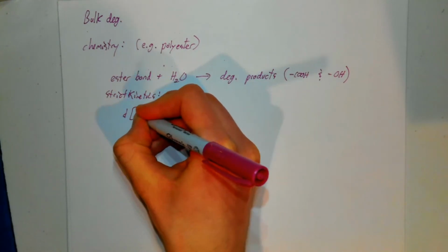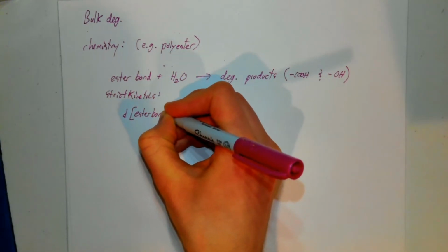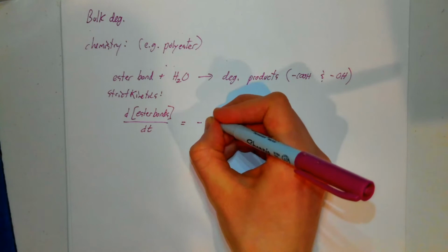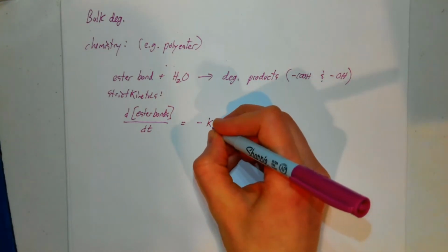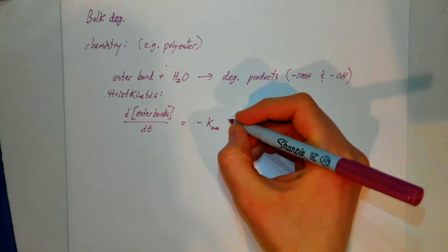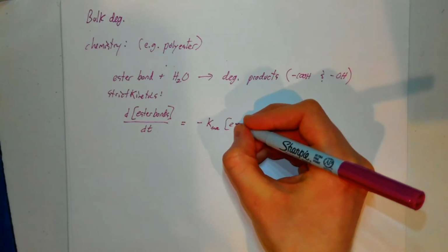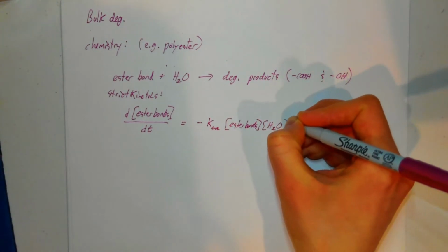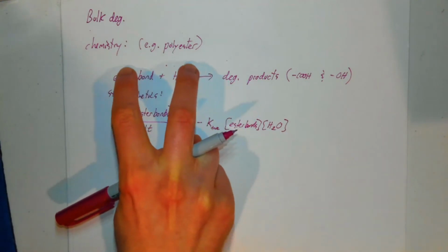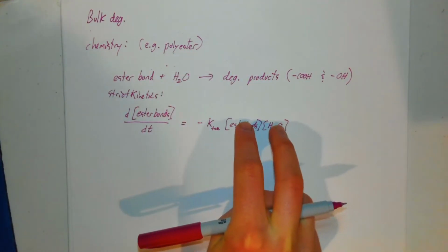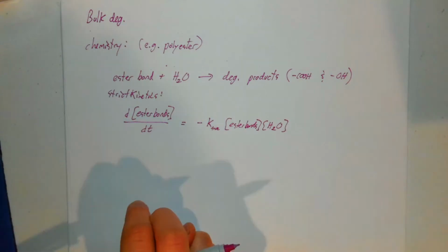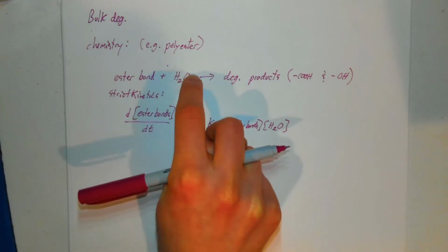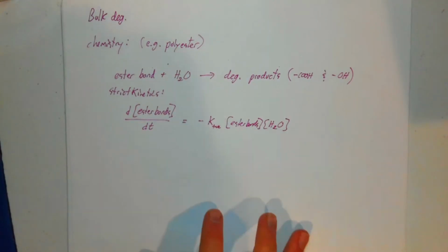The time rate of change of the concentration of ester bonds is equal to minus some true rate constant times the concentration of ester bonds times the concentration of H2O, where the concentration of each of the reactants is a proportionality for the rate of degradation. And since these ester bonds are on the left-hand side going to degradation products, we have a minus sign here, and we have some true K associated with this.